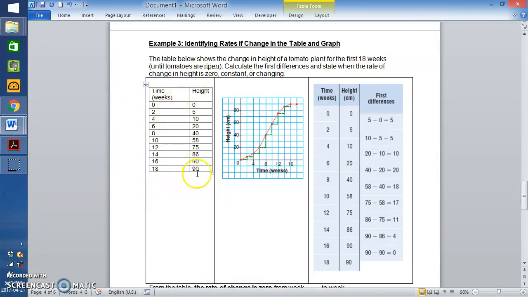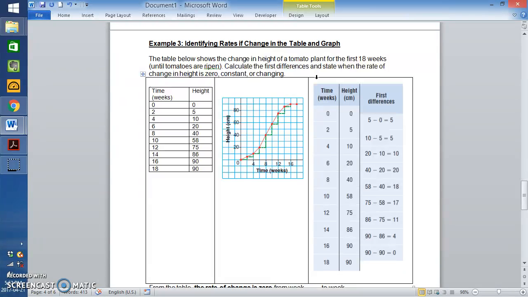And we have plotted this data, this table, on this graph, right? And we have calculated the rate of change for consecutive points on this other table. And we are asked to figure out in what weeks the rate of change is 0, constant, or changing.